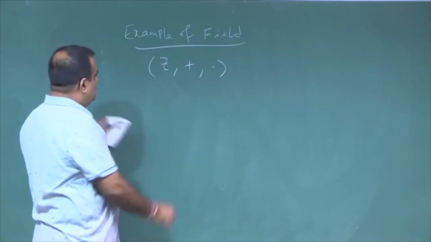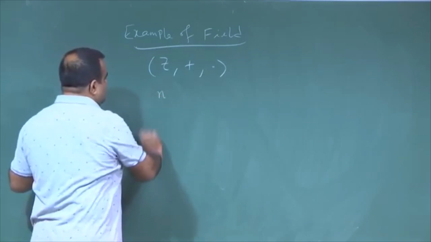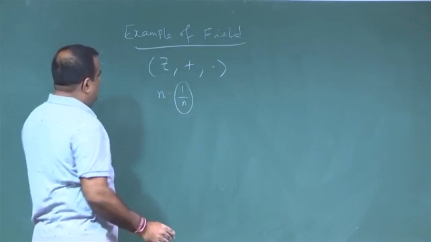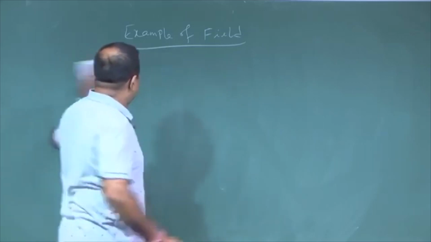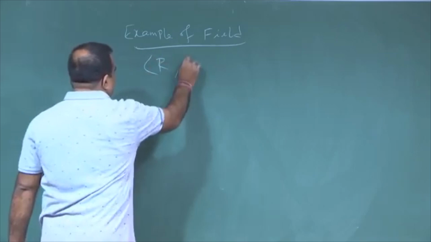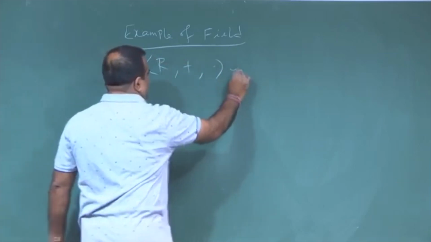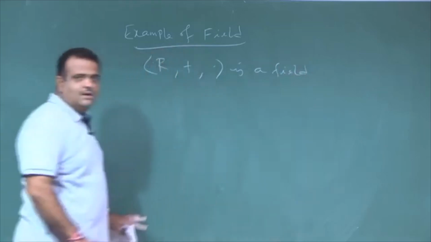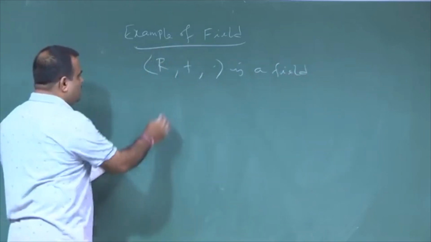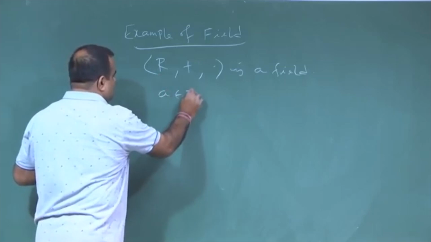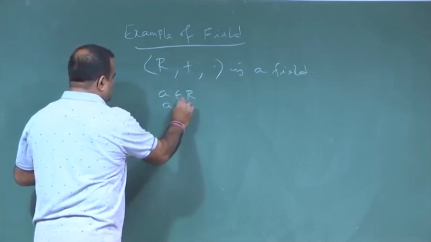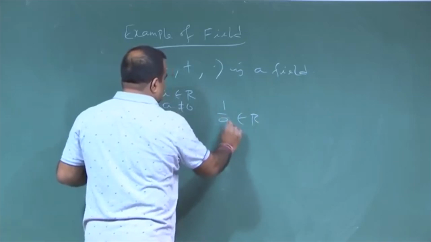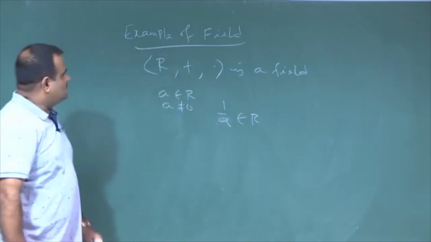Because if we take an integer n, then the multiplicative inverse is 1/n, and 1/n is not an integer. So, this is not a field, but the set of all real numbers is a field. Because for any non-zero element a, 1/a also belongs to R, that is the inverse. So, this is a field.